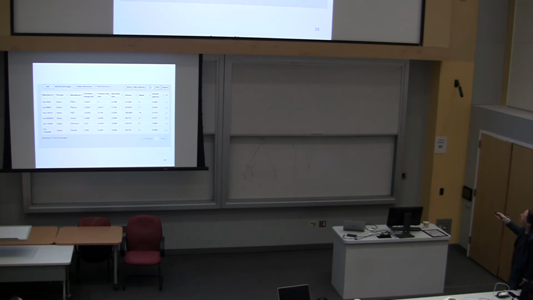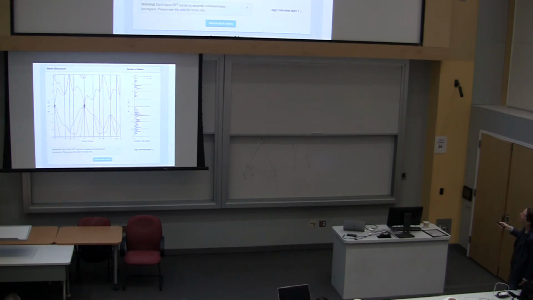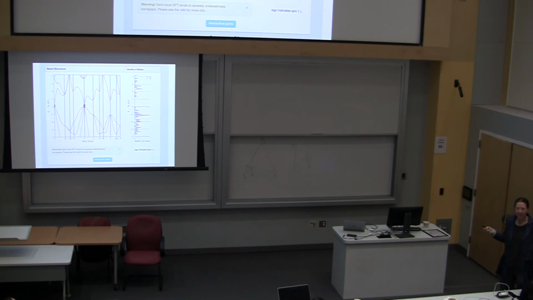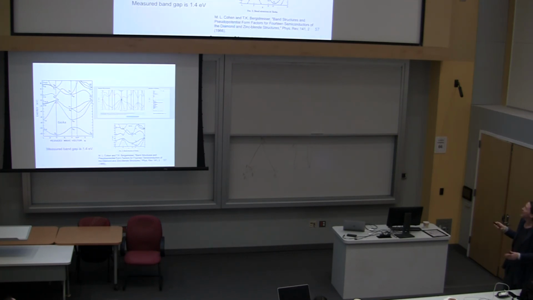There's our zinc blende structure. So let's go there and look at the band structure. What is this? This looks nothing like what you think of. I mean, to me, I look at this and that doesn't look anything like the band structure that you see in a textbook for gallium arsenide, right?